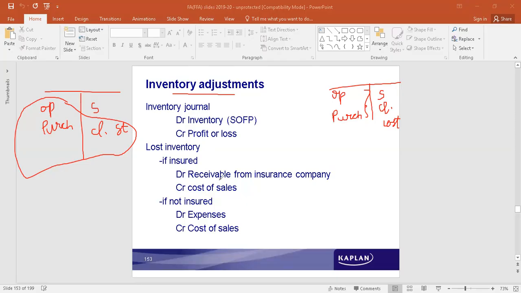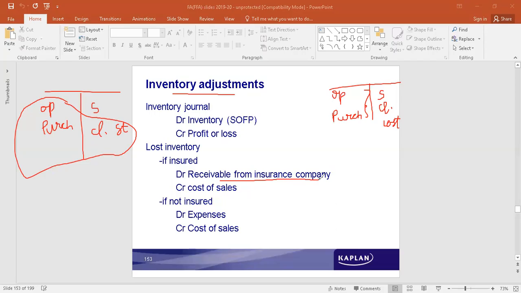The debit would be to the extent of the receivable from the insurance company, because now there is no loss. On account of this, there is no revenue generated, nor is it going to be realized in the future period. But as against these units, there is a coverage which is receivable from the insurance company.